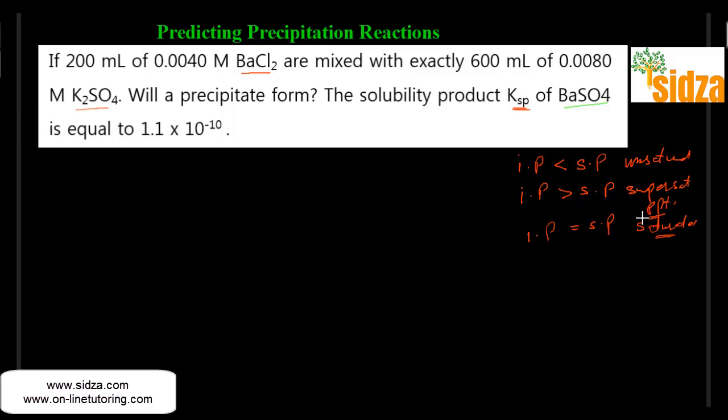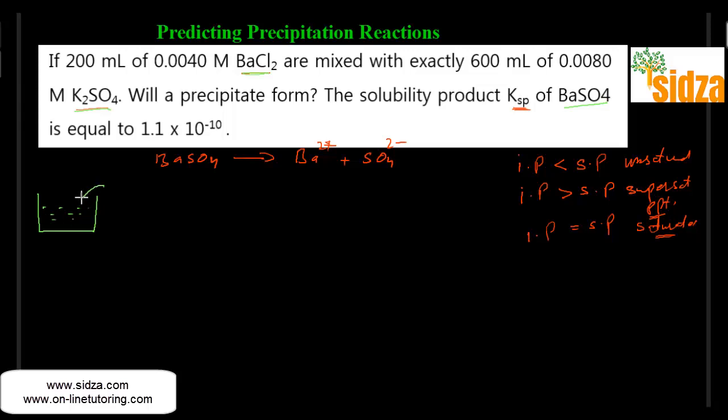So our first point is that we are going to find the concentration of the barium and the sulfate ion. If we mix the barium chloride with the potassium sulfate, what will be the concentration of the barium and the sulfate ion in the solution? Let's take it like this. Suppose we have a beaker in which we mix the barium chloride and the potassium sulfate.